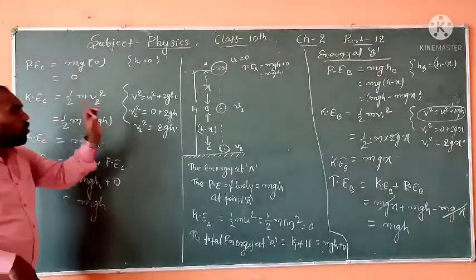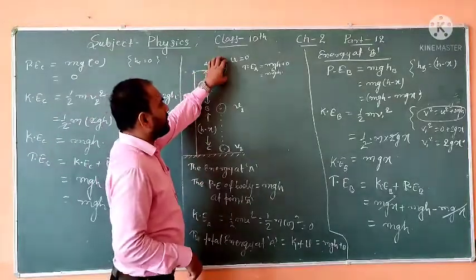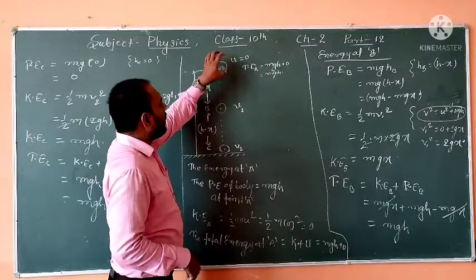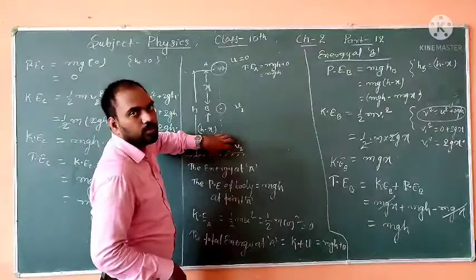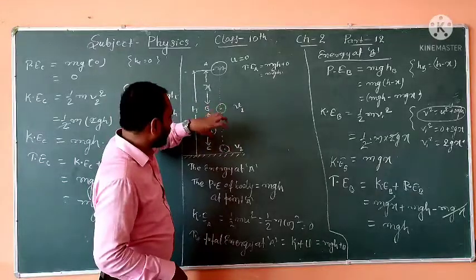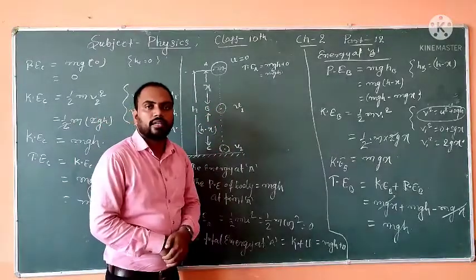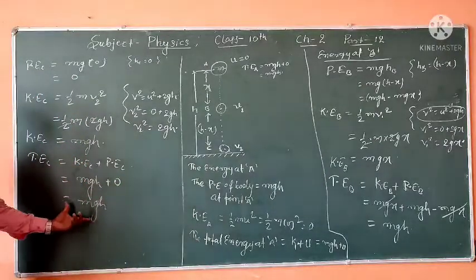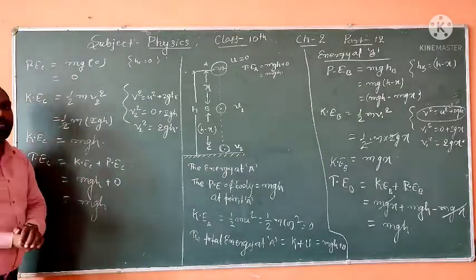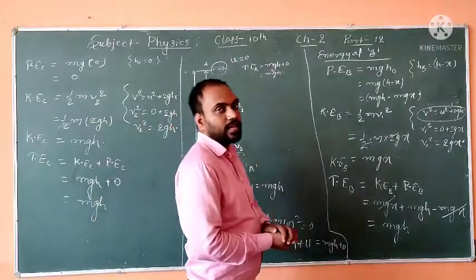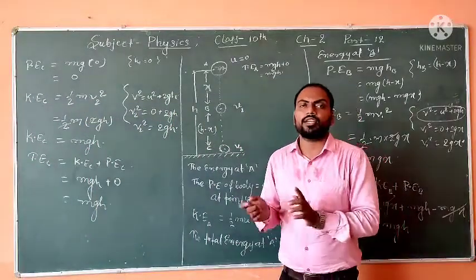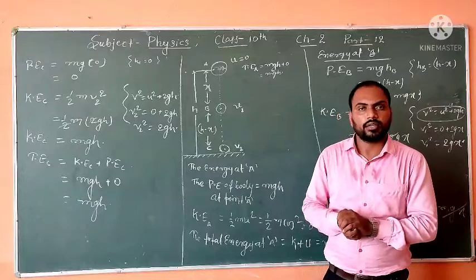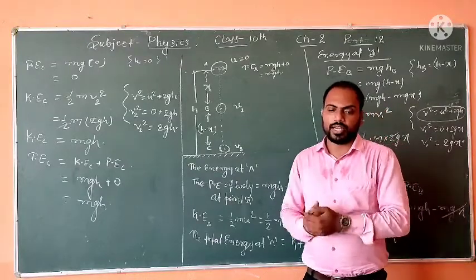It means the whole potential energy at point A has converted into kinetic energy at point C, and the sum total again remains the same, mgh. That's why we say that energy can neither be created nor destroyed. I hope you are able to understand here.